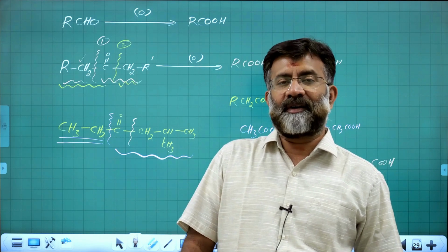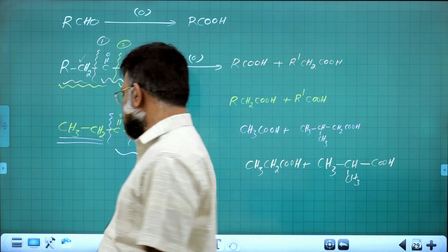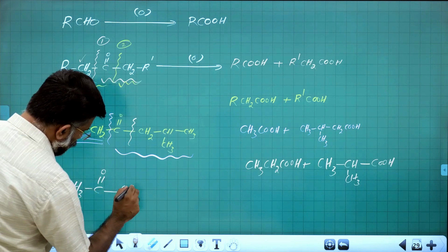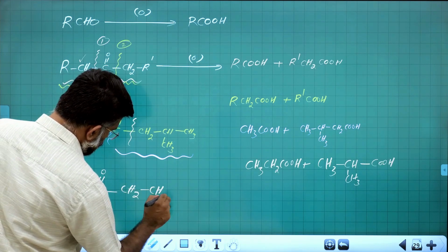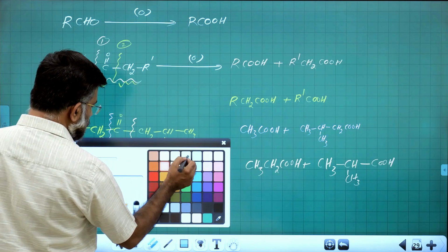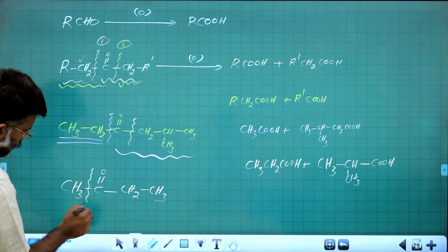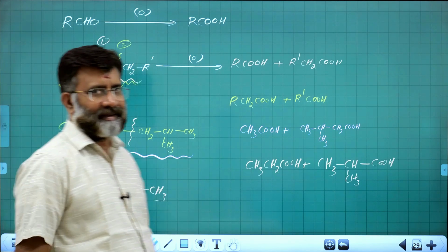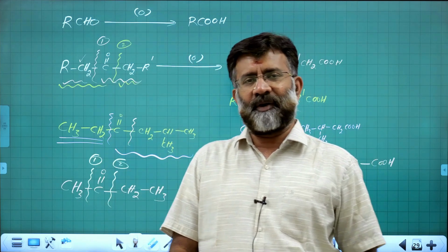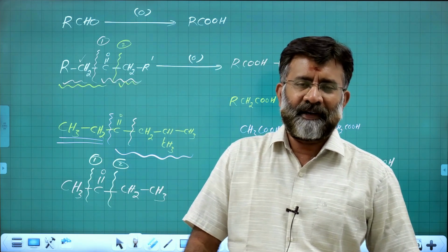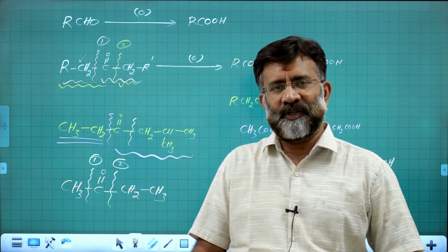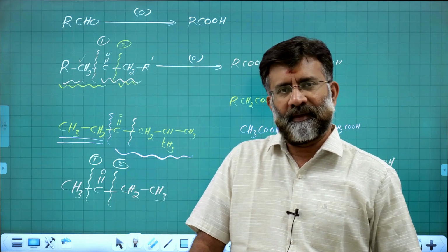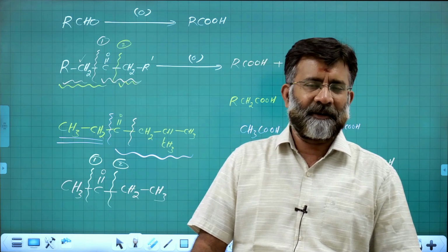And you know which cleavage will dominate. Suppose you are given a ketone like this, CH3COCH2CH3. As discussed, it may be a cleavage over here, or it may be a cleavage over here. It may be 1 or 2, right? So which will dominate? Or is it happening almost 50-50? What is the dominant type of cleavage that may happen if you take an unsymmetric ketone for oxidation under elevated conditions?